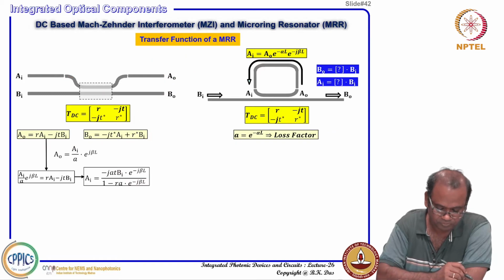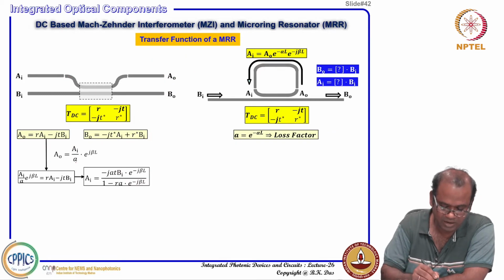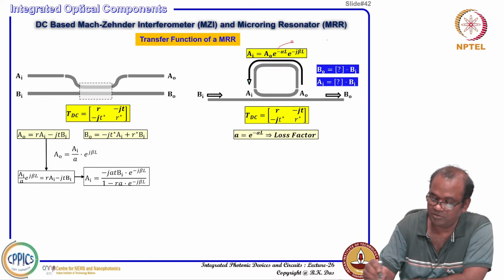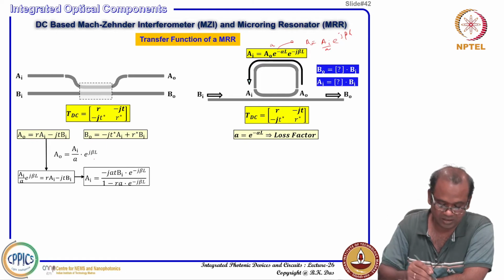Let us move on. Now, you see A naught equal to AI e to the power j beta L. From here, A naught equal to AI e to the power j beta L, and e to the power minus alpha L we consider as A. So, AI by A e to the power j beta L, that is what we have written.